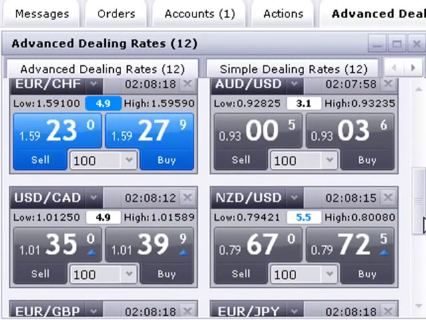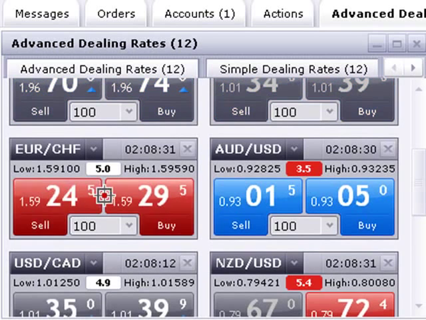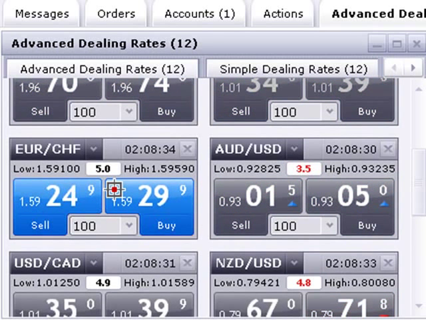As you can also see, however, there are also currencies which include two of those currencies we just mentioned, but which do not include the U.S. dollar in the pair. An example here would be the Euro-Swiss currency pair. Currency pairs which do not include the U.S. dollar are referred to as cross currencies.